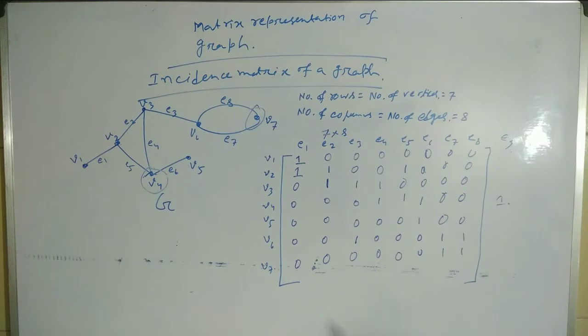So in this way, from the incidence matrix, if you consider each row, you get the degrees of the vertices, and if you consider the columns, you will see that there are exactly 2 ones in each and every column, excluding self loops. Now I will show you the reverse procedure, how we can draw the graph if the matrix is given.